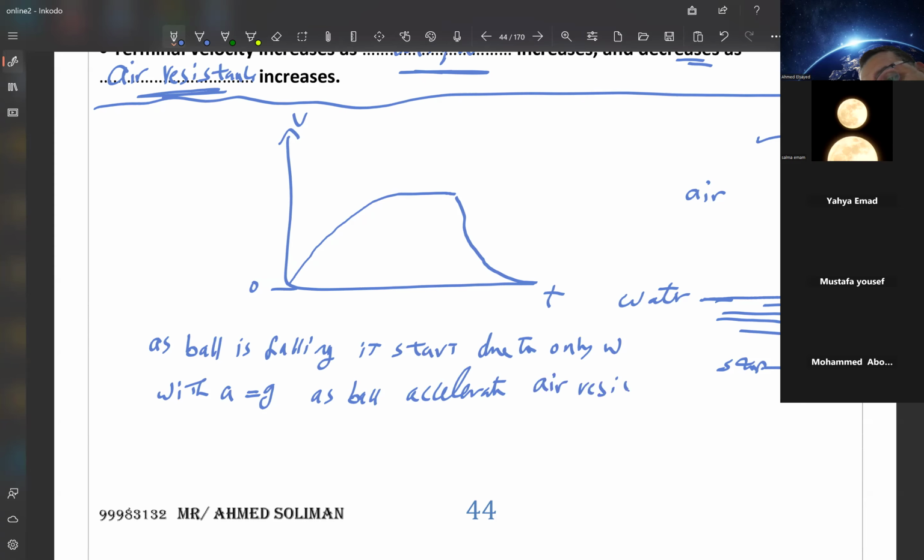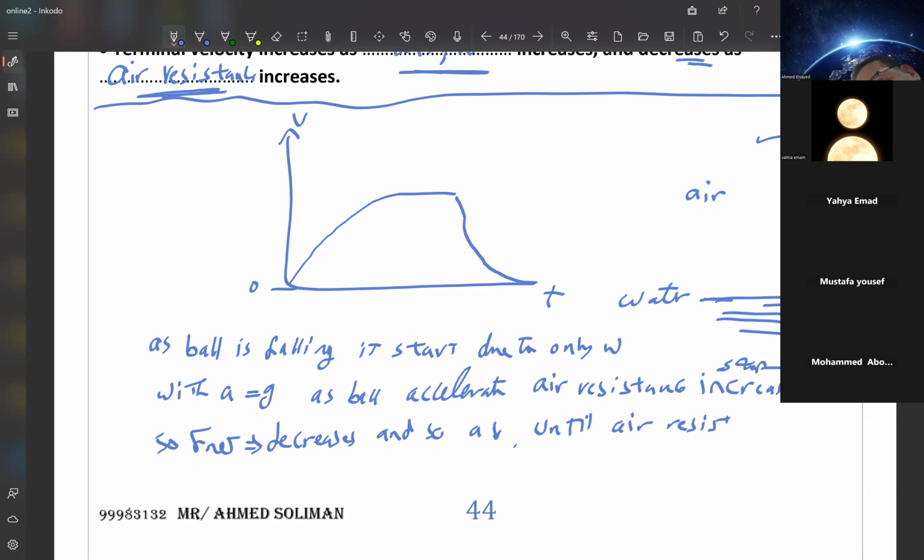Air resistance increases. So what happens to the resultant force? It decreases, and so acceleration also decreases until air resistance balances weight and F net equals 0, acceleration equals 0.